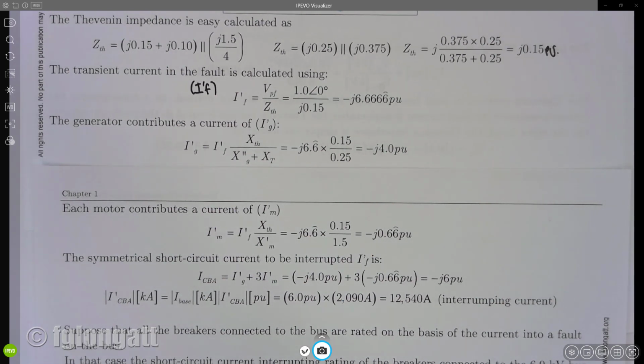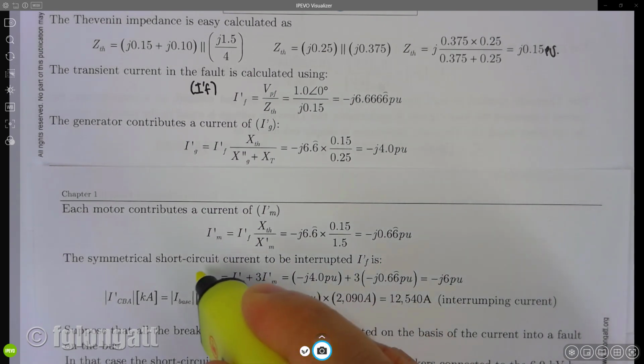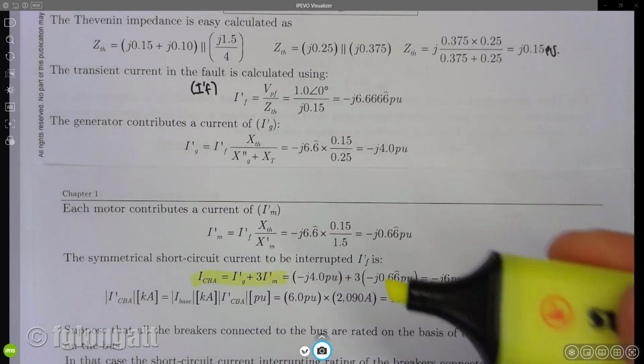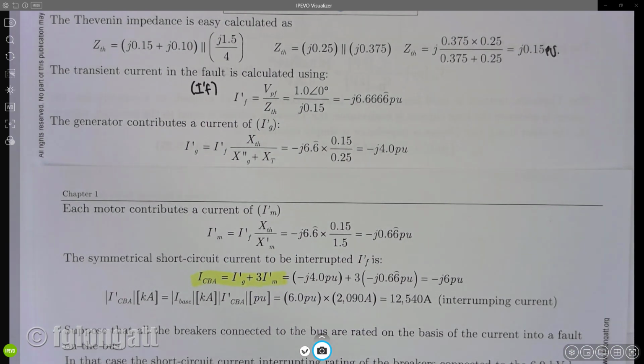Well, what my students must remember is extremely simple. My students must remember this equation, because if we are interested in the short circuit current that is moving through the circuit breaker, I told you earlier that the current moving through the circuit breaker is mainly 3 times the current contribution of a single motor, plus the current contribution coming from the generator.